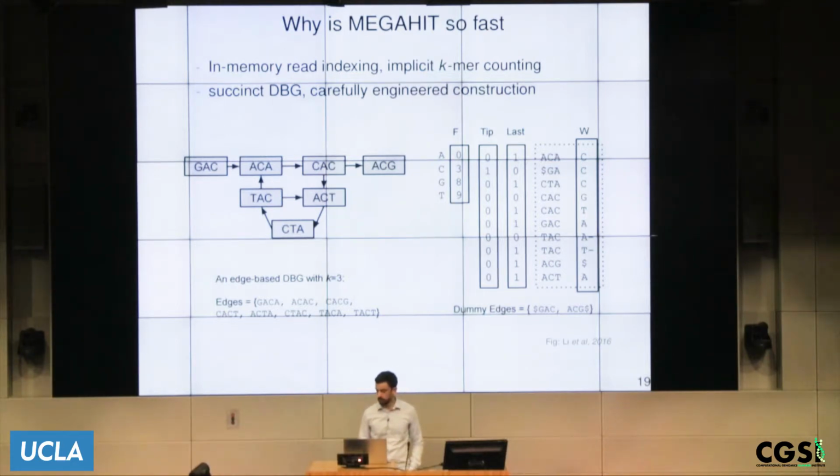So you got CTA node here, and it goes to TSE. No, actually, if you have two nodes, CTA and an edge to another node, TAC, then the shared prefix is TA. Yeah, no problem. Any other question?